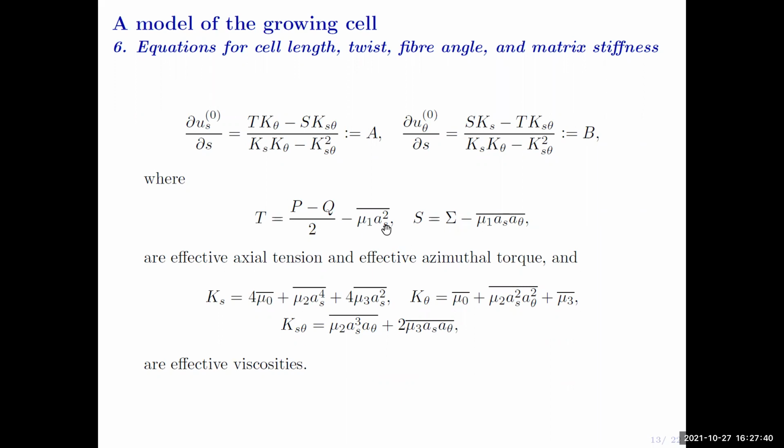And these five items go into the definition of these functions A and B in different combinations, and they give you dUs by ds or dU theta by ds. But it's still not clear exactly how cell length and twist is going to come out of this.